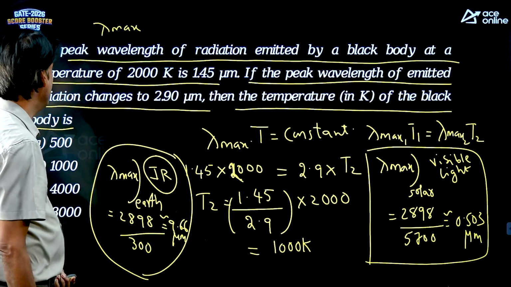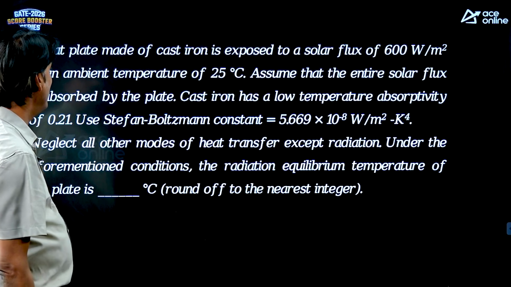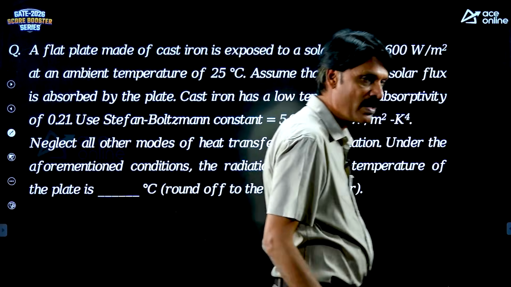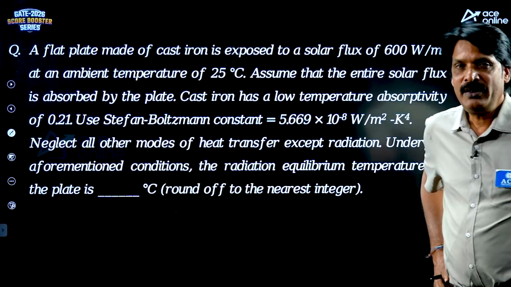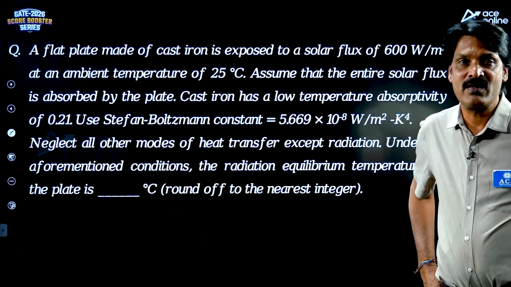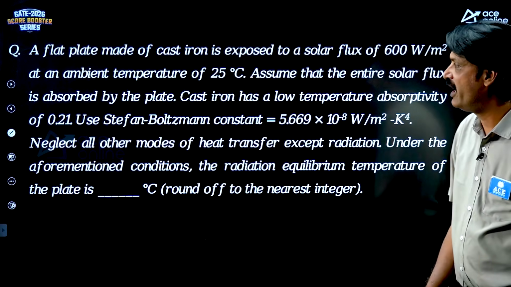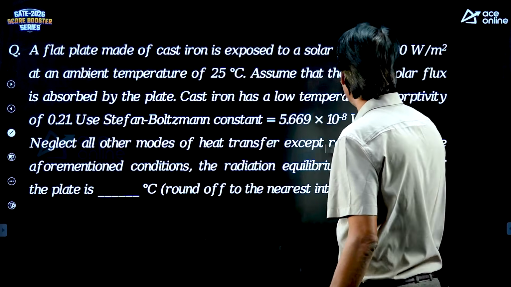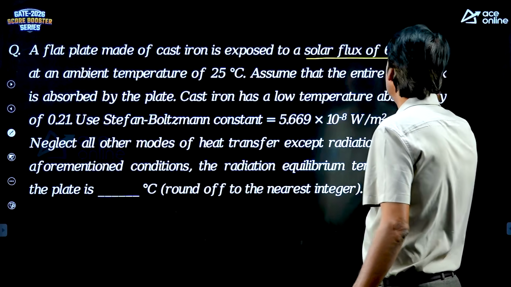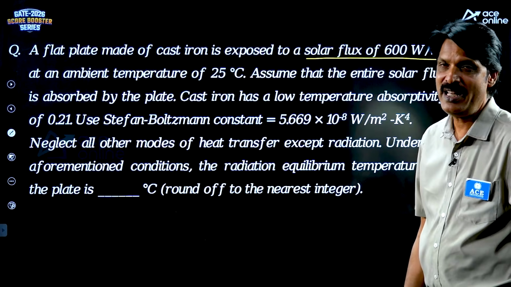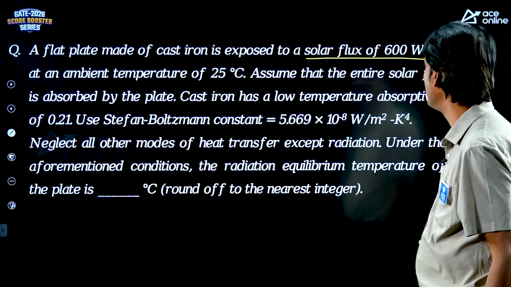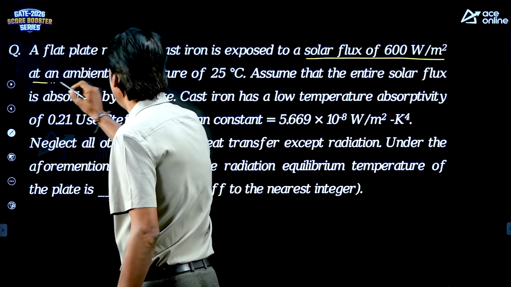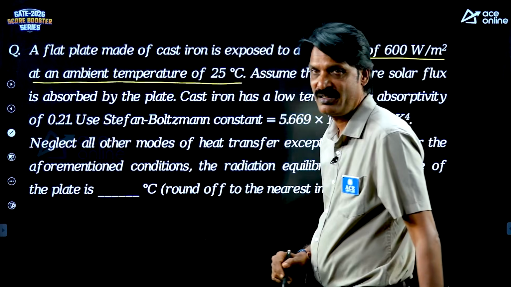Then, let's go to this question. Now, this is a question where irradiation, radiosities, as well as gray body concepts come. A flat plate made of cast iron is exposed to solar flux. That means it is the irradiation that is coming from the sun, which is equal to 600 watt per meter square at an ambient temperature of 25 degrees centigrade.